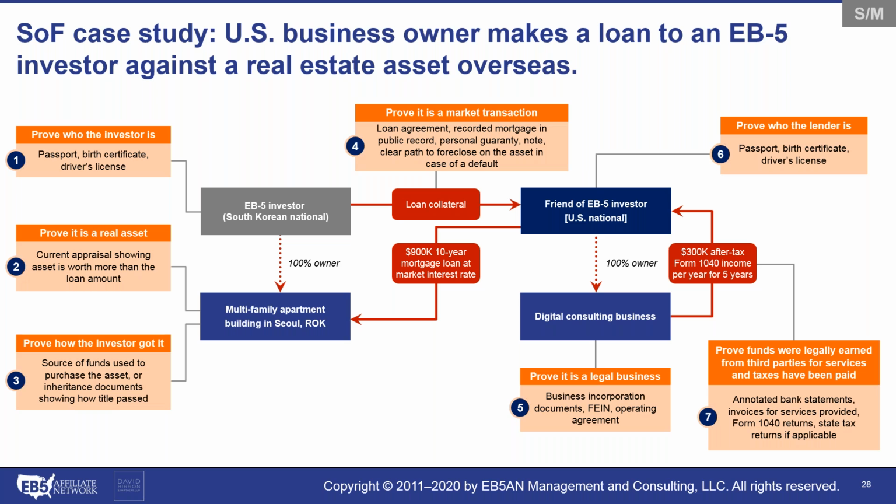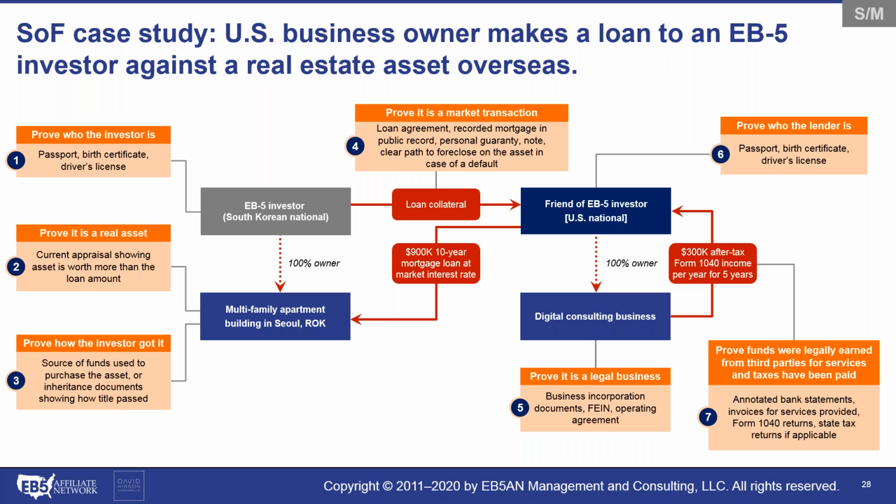And you're going to need to show that the money that's being loaned was actually income or after-tax income received by that business from various third-party vendors or various third-party clients, right? So you're going to want to show invoices for services performed and compliance with all state and federal tax rules, and the bank statement showing that services were provided at arm's length, what services were provided, what funds were received, so that you can say that that really is earned income for services provided.